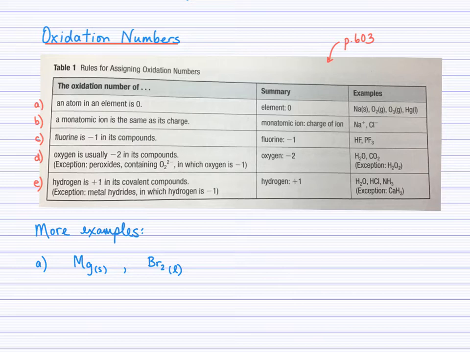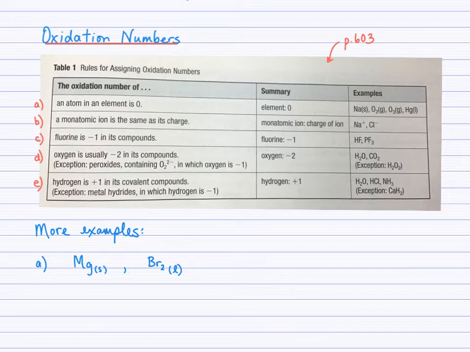So I'm going to be doing examples of each step in this table from your textbook. I'll be doing more examples just to help solidify the concept. You'll find this table on page 603 of your textbook.